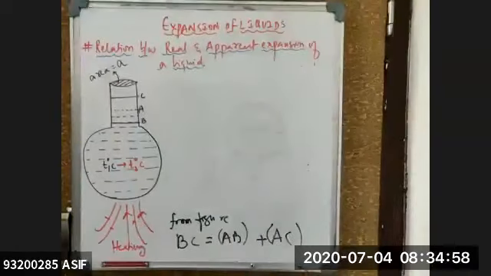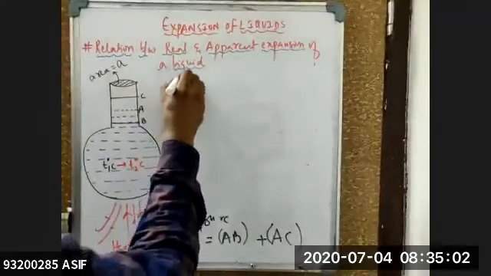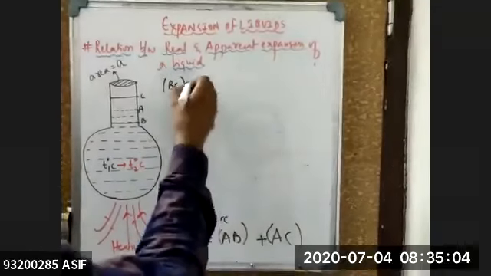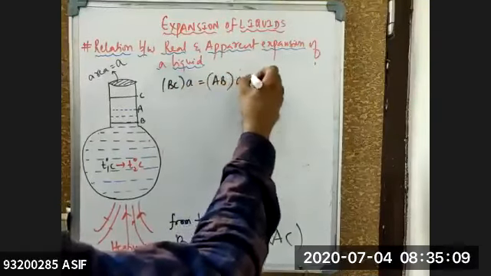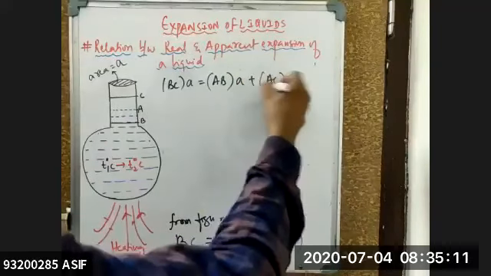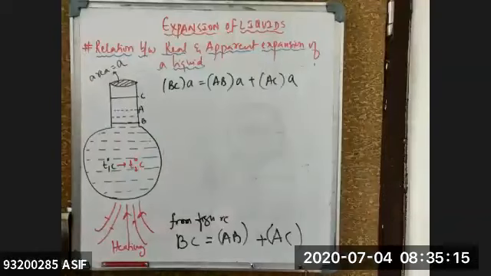See, multiplying BC by A, it equals AB into A plus AC into A. BC into A will give me what? The real expansion of the liquid, isn't it?